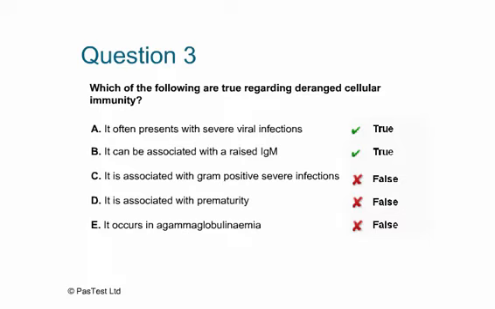But there is a condition called hyper-IgM syndrome, otherwise known as CD40 ligand deficiency. CD40 and CD40 ligand are critical co-signaling molecules that are essential for a B cell to class switch from producing IgM to IgG.